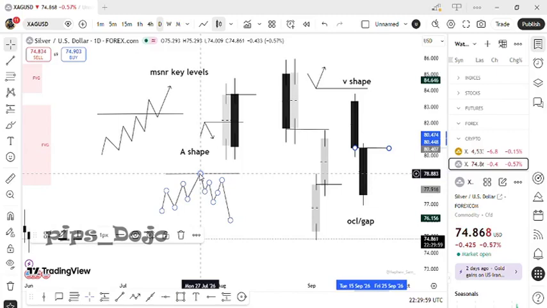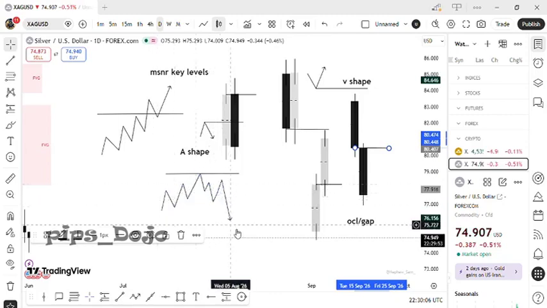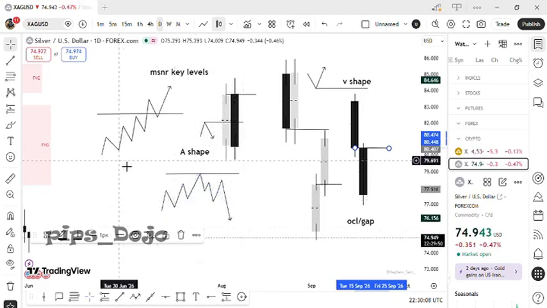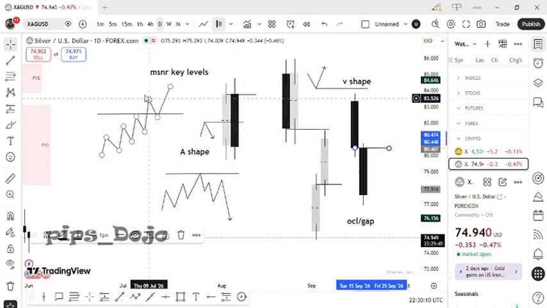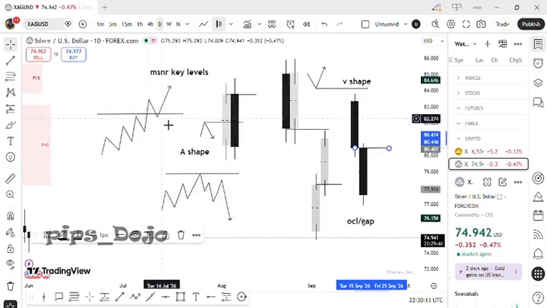So we're expecting price to retest and reject the level. That is, there should be a bounce off of that level, or we're expecting price to break through the level and make that level a new psychological level to move to the intended direction. That's the direction it is coming from.